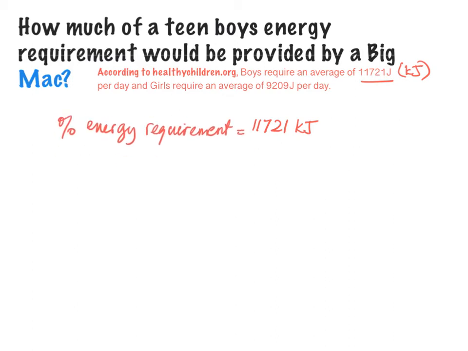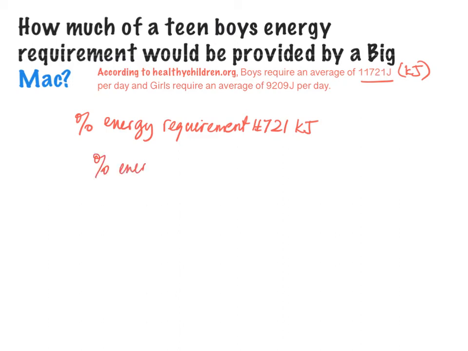So our percentage requirement is going to be, goodness gracious me, I'm trying to rush through it now, and I'm finding it tougher. So don't rush. It is equal to how much we had. Oh goodness, my phone went off.